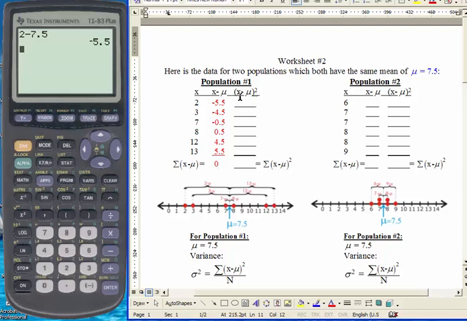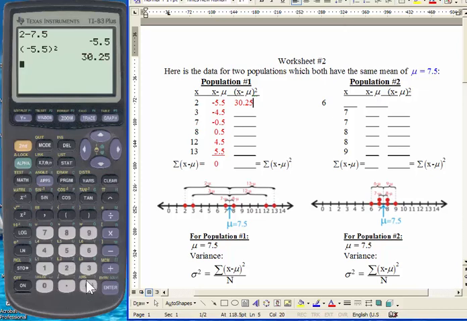First, you find the distance between the data value and the mean, and then you square it. Hopefully you're well aware that squaring a negative number is always positive. So on the calculator, I put in a negative 5.5 and square it. It is a positive 30.25. So let's put that in.